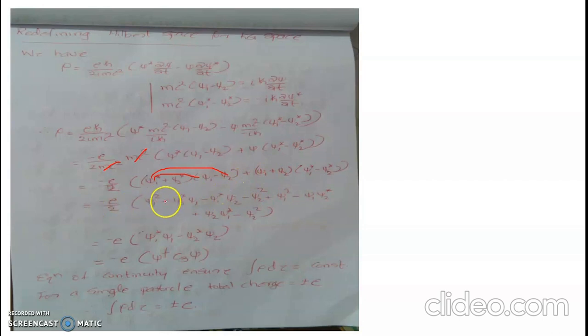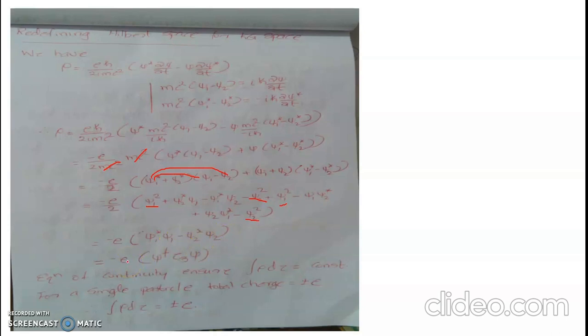So all except ψ1 square and minus ψ2 square vanish, and this occurs 2 times, ψ1 square plus ψ1 square minus ψ2 square minus ψ2 square, all the remaining 4 terms will be vanishing. As these are occurring twice, 2 is taken out and cancelled with 2 in the denominator. What remains is minus e into ψ1*ψ1 minus ψ2*ψ2.